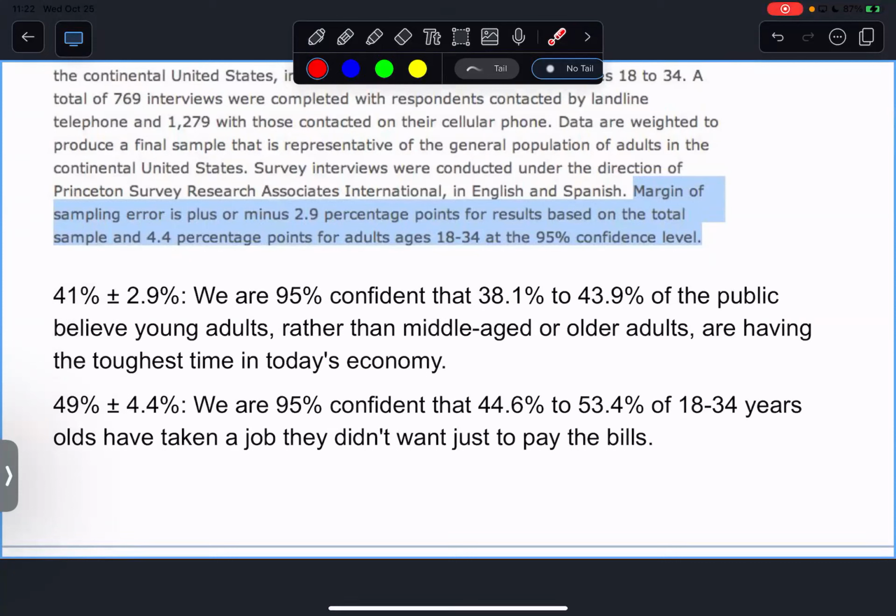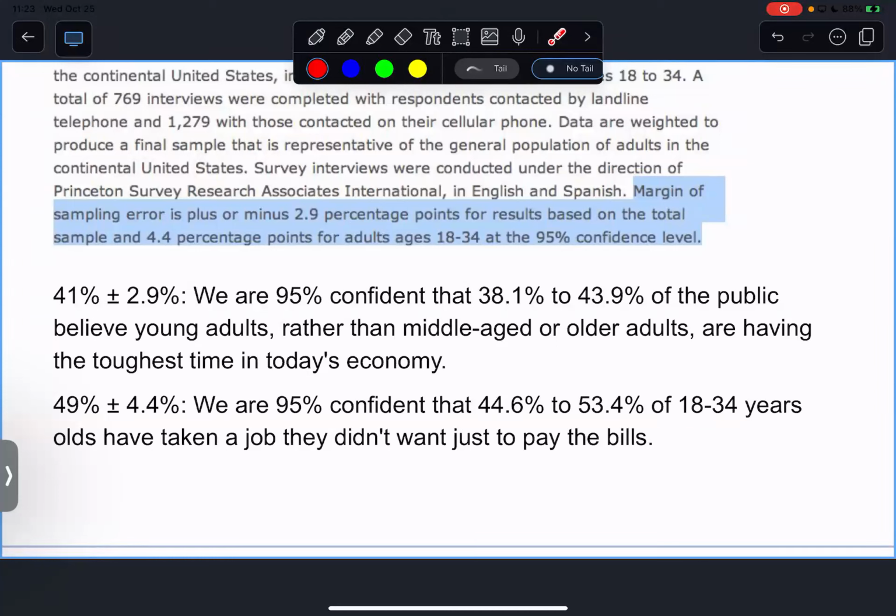So they're two subgroups. The total sample has a margin of error of 2.9%, and the subgroup of 18 to 34-year-olds, which is the one we're more interested in this case, had a margin of error of 4.4 percentage points. And that's at the 95% confidence level.